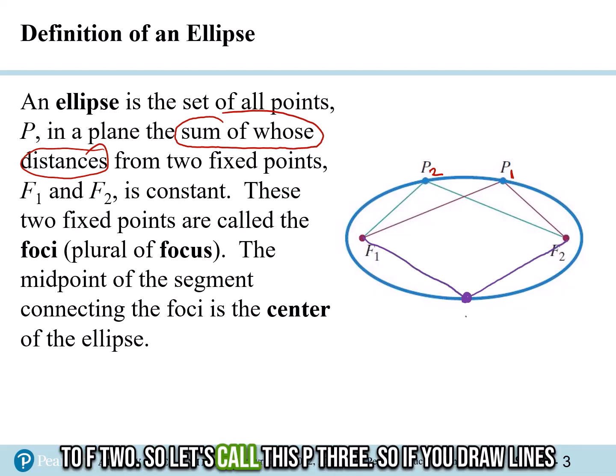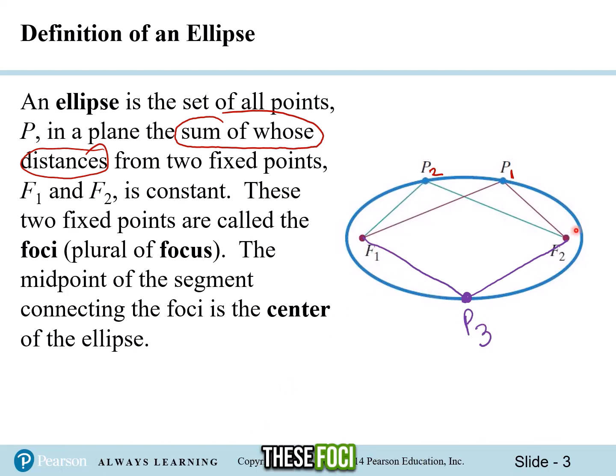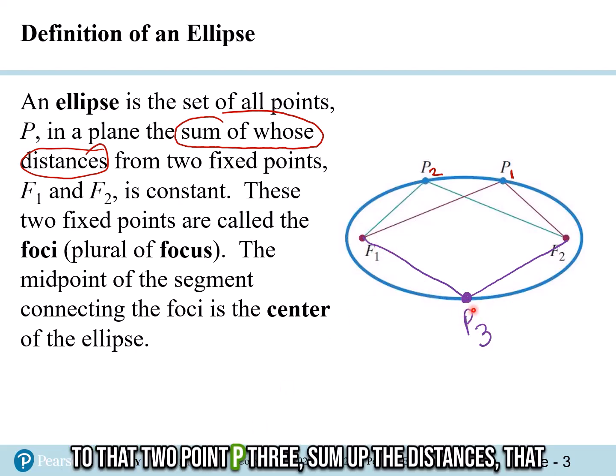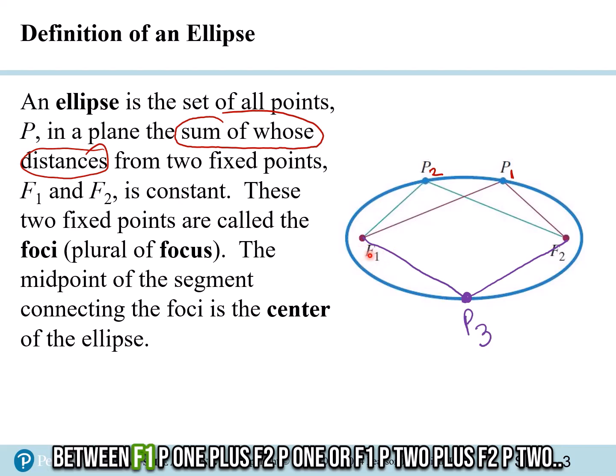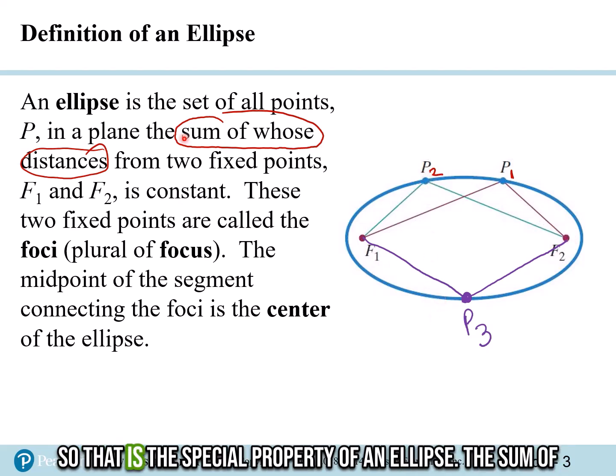So let's call this P3. If you draw lines from these foci to that point P3, sum up the distances, that value will be the same as whatever we got for the distance between F1 P1 plus F2 P1 or F1 P2 plus F2 P2. So that is the special property of an ellipse.